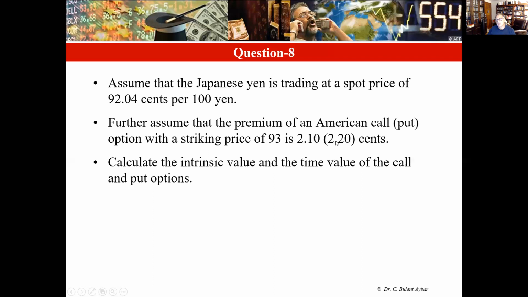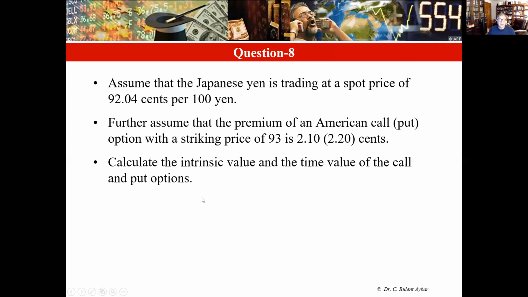So there is a slightly higher put price as compared to the call price. There's an interesting relationship that is called put-call parity. Some parameters determine this relationship between put and call values, essentially the interest rates. So in this case, we are going to calculate the intrinsic value and time value of the call and put options.